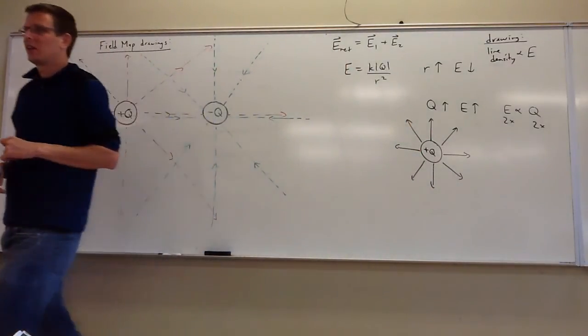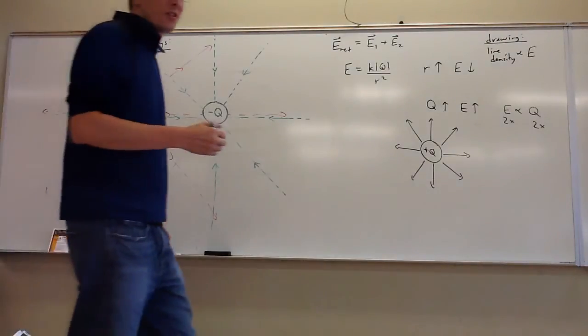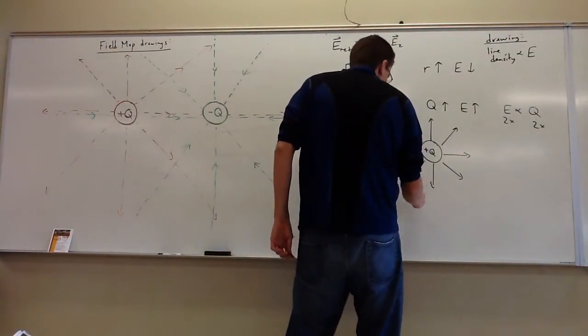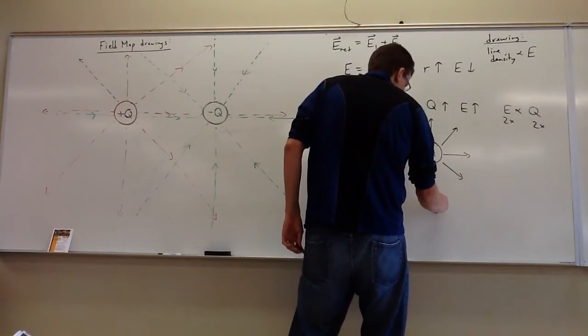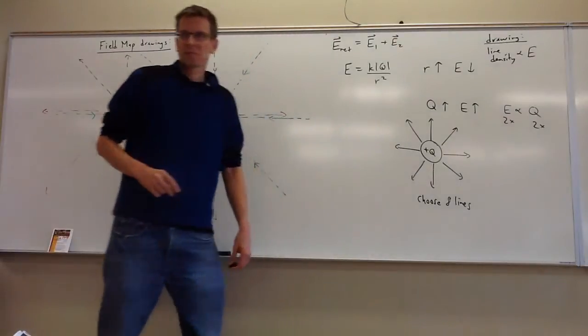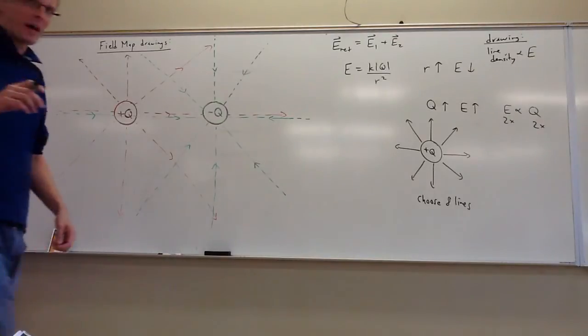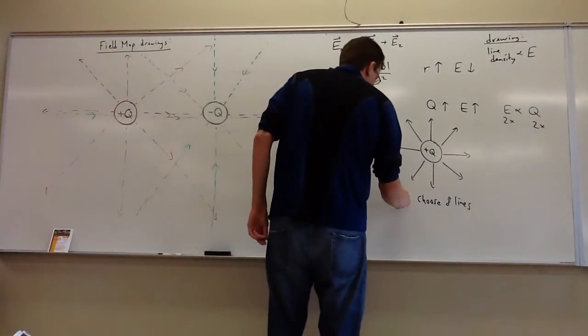It's not like the electric field is only there, but that's just a way to draw it. Now, that's just a decision I make. So let's say I choose to draw this charge with 8 lines representing it. The only charge you have the freedom to do that with is the very first charge in the map. So the very first charge you lay down. Let me show you why.